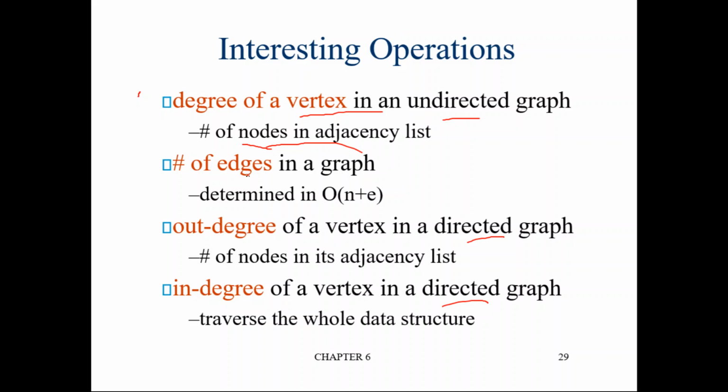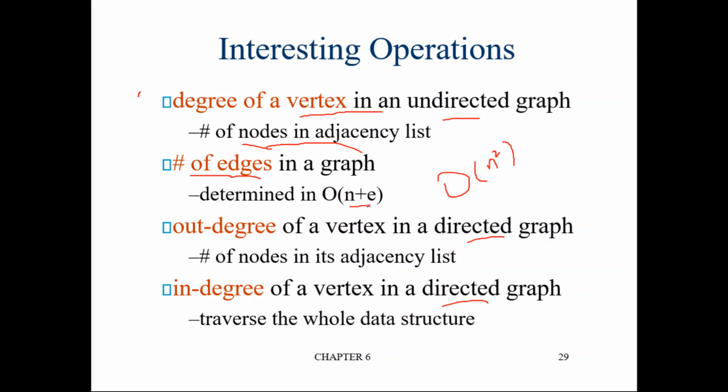The number of edges in the graph, as we have already discussed, takes order of n squared time to find in an adjacency matrix. But if you want to find the number of edges from an adjacency list, we need only order of n plus e time.